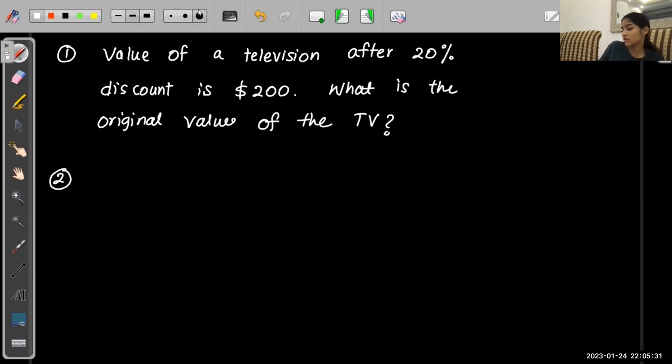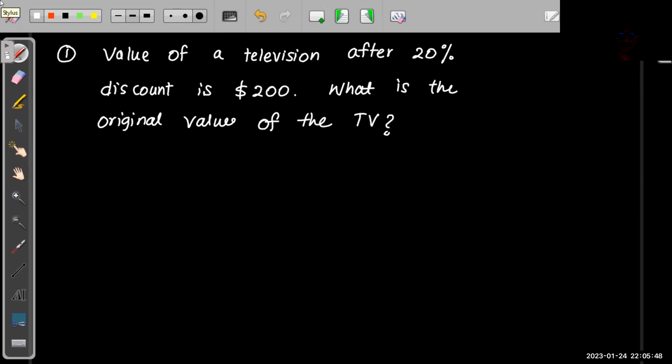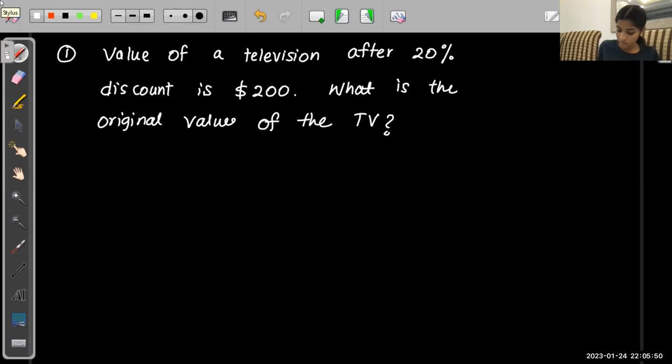So for this one, 0.20 times 200, which is 40, and then 200 plus 40 is 240. Is it 240 for the first one?